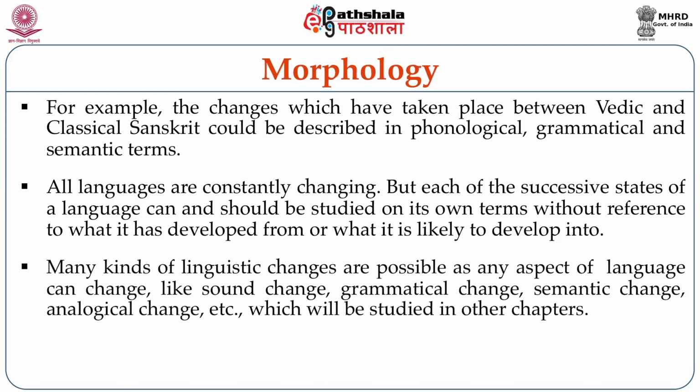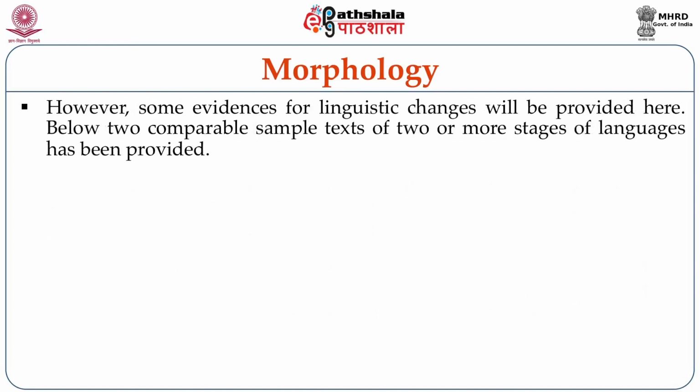Many kinds of linguistic changes are possible, as any aspect of language can change: sound changes, grammatical changes, semantic changes, and analogical changes, etc., which will be studied in the other modules. However, some instances of linguistic changes may be provided here. Comparable texts of two or more stages of languages have been provided below.